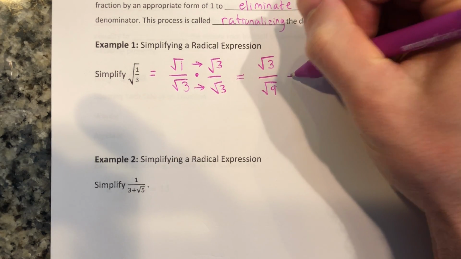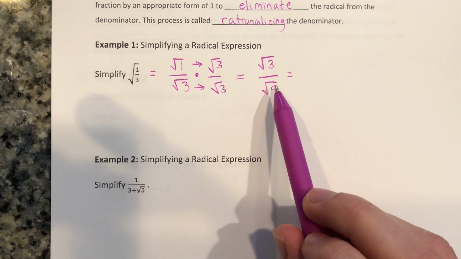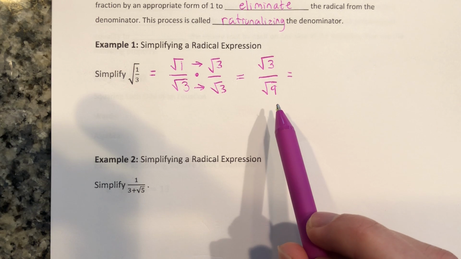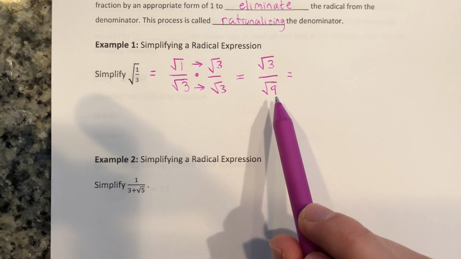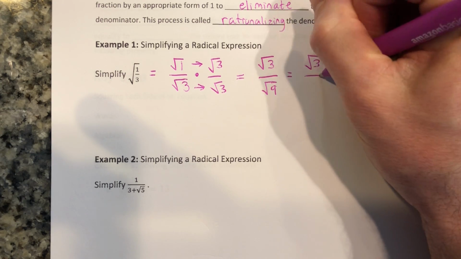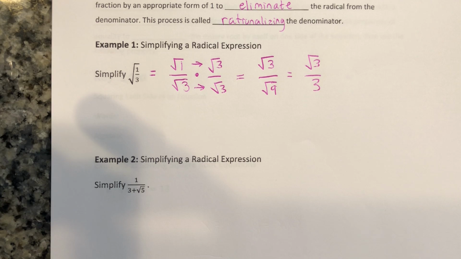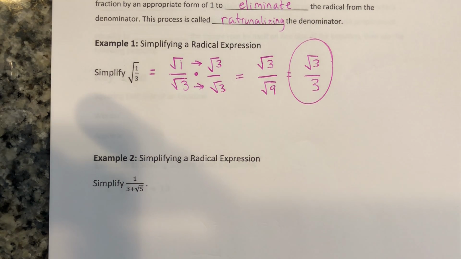Now we have a rational number down here, because we have a perfect square. So we keep the square root of 3 up top over the square root of 9, which equals 3. Right there, you just rationalized the denominator. This is our final answer, and we're going to leave it like that.